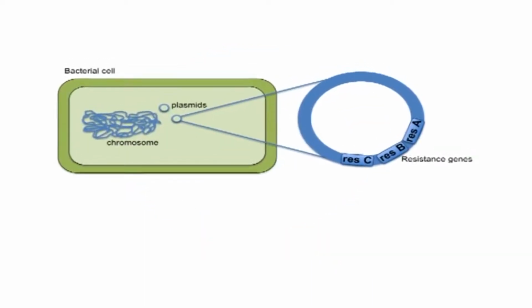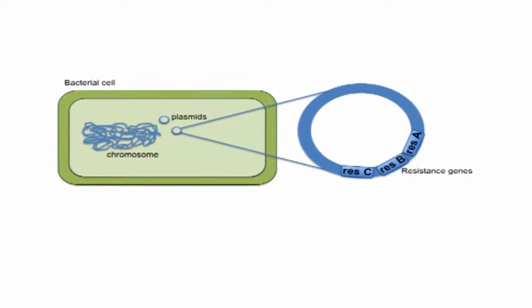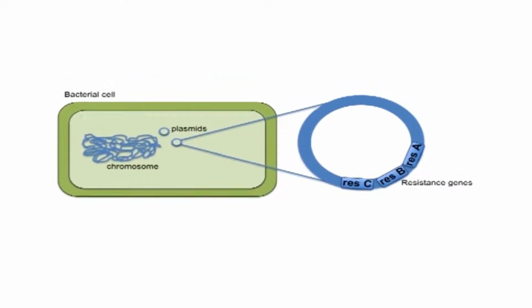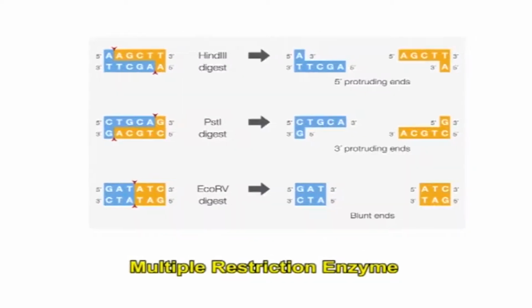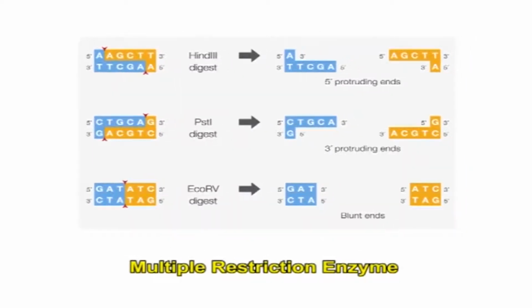Bacterial plasmids contain special genes for antibiotic resistance. More features like a multiple cloning site are generally present in modern plasmids. The multiple cloning sites include nucleotide overhangs for insertion of an insert and multiple restriction enzyme consensus areas to either side of the insert.